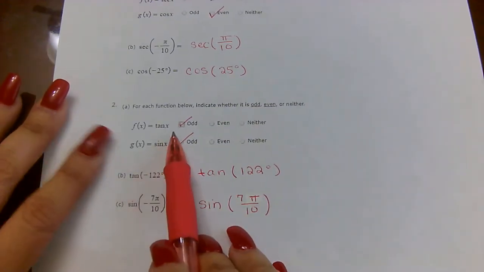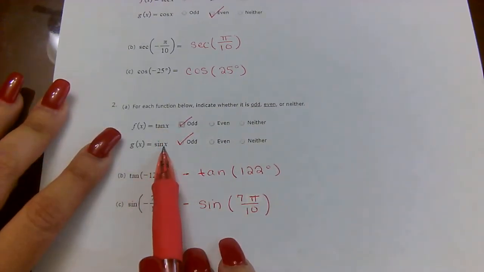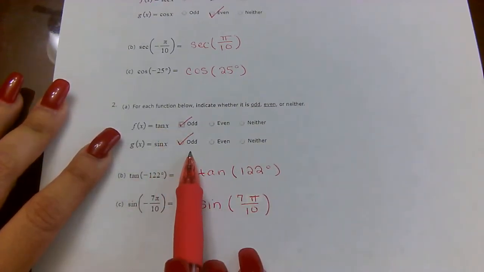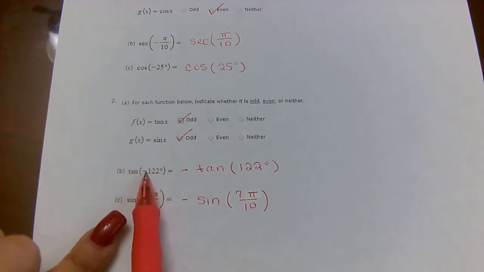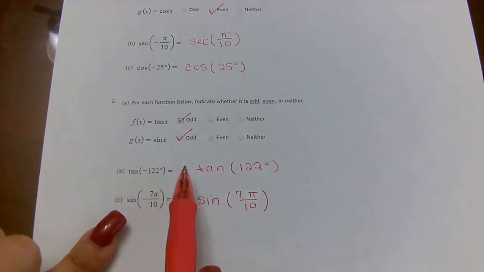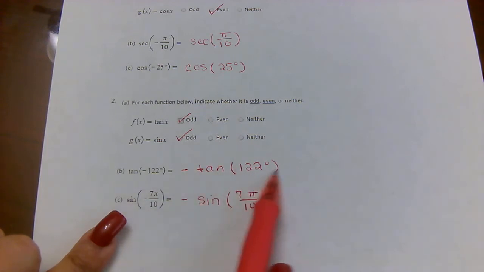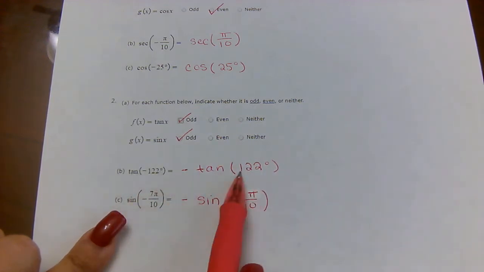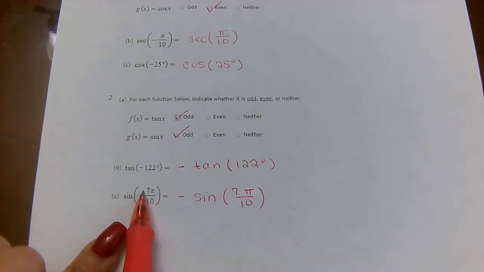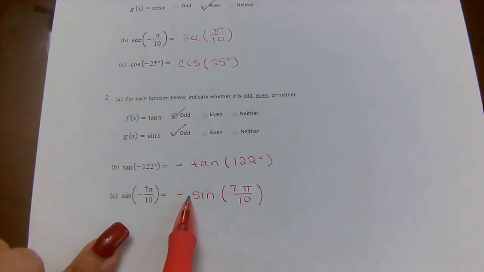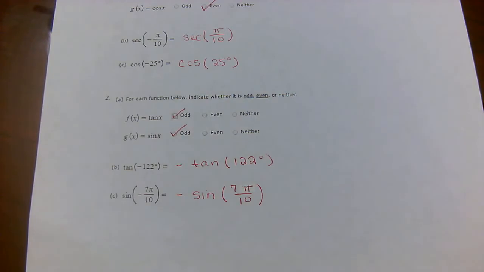For the other trig functions like tangent and sine, those are going to be odd functions. So whenever you have a negative inside, you're essentially going to be able to take that negative outside, but keep the number the same. Okay, same thing here. Take the negative on the outside, keep the number the same.